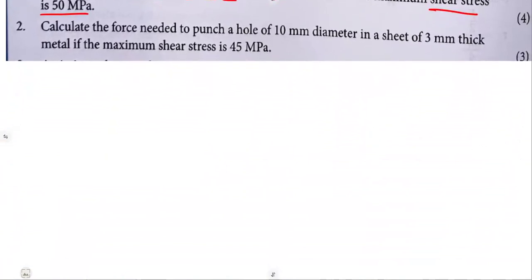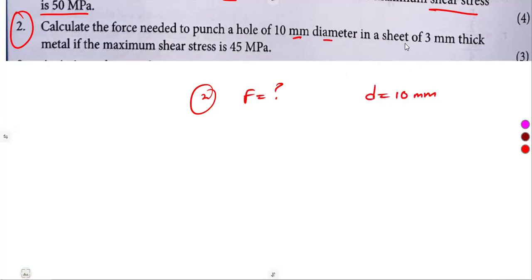The other part we are given, number 2: calculate the force needed to punch a hole 10 millimeters in diameter. Calculate the force. Just like the previous question, it's a repetition, the force. Then we are given the diameter of 10 millimeters in a sheet of 3 millimeter thick metal.